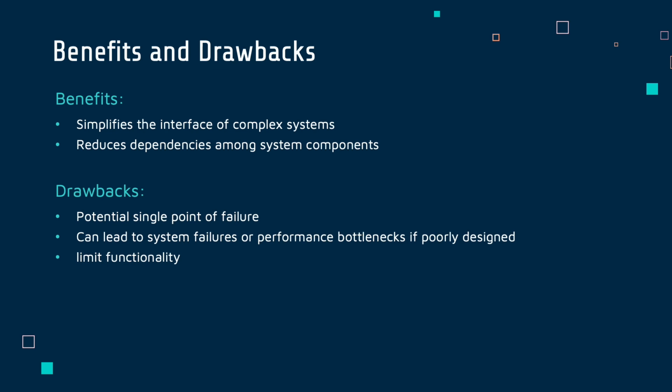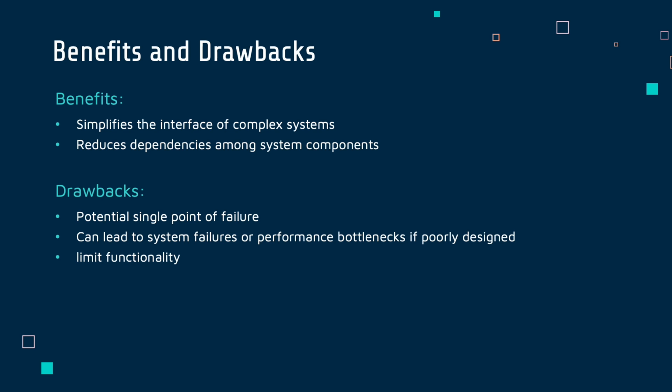Moreover, while a facade can streamline the use of a complex subsystem, it might also limit functionality. Since a facade generally provides a reduced set of functionalities compared to the subsystem it abstracts, there may be instances when clients need to bypass the facade to access more intricate functionalities directly.